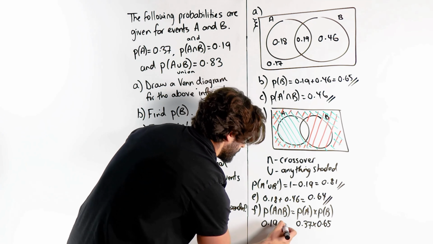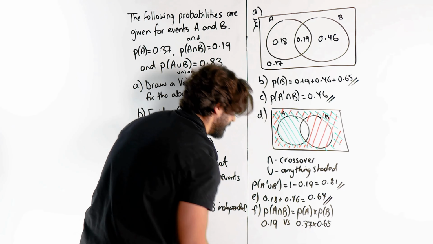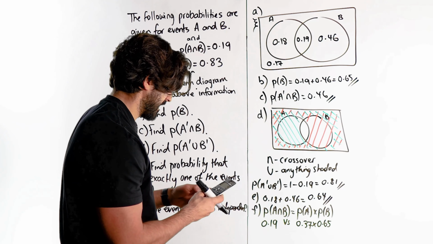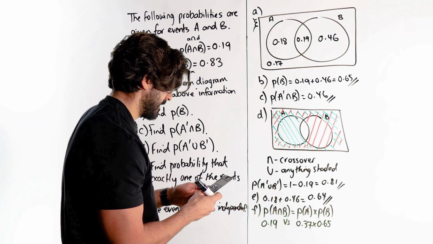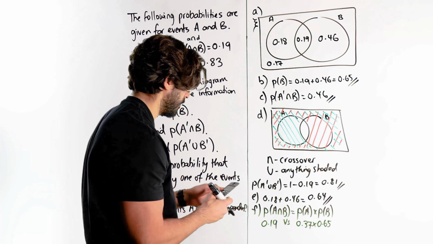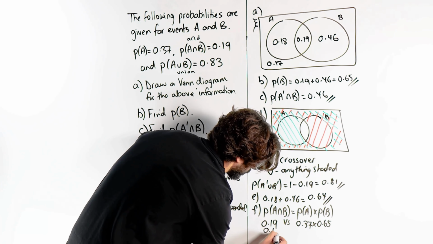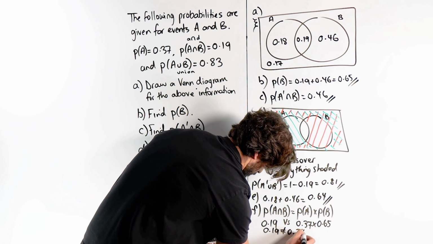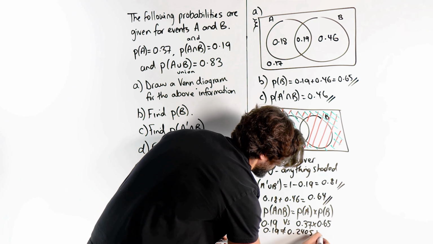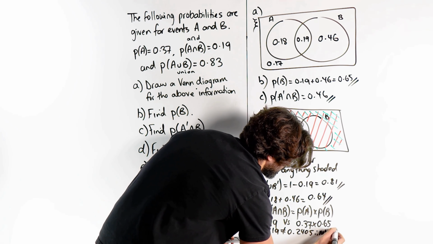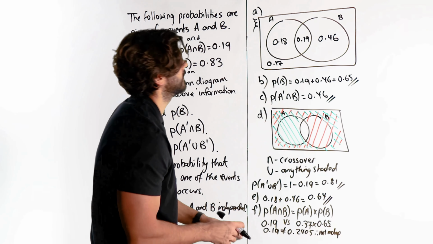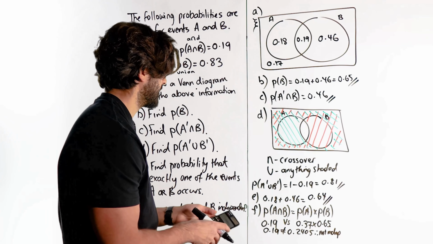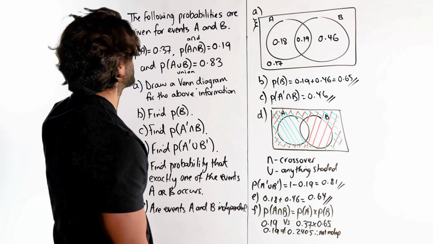I'm going to write versus. Now when you multiply 0.37 times 0.65, you get 0.2405. 0.19 does not equal 0.2405, therefore not independent. I'm not going to write the whole thing. That says not independent. And that is how you answer these questions.